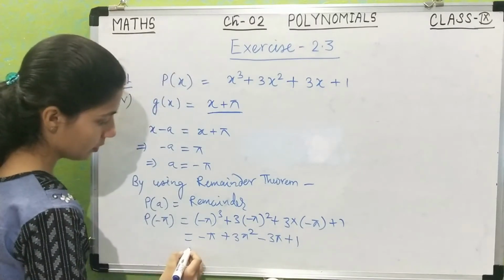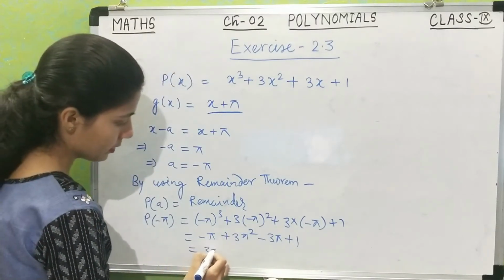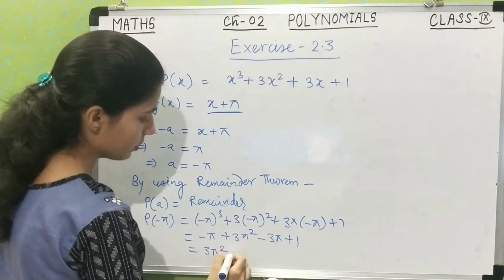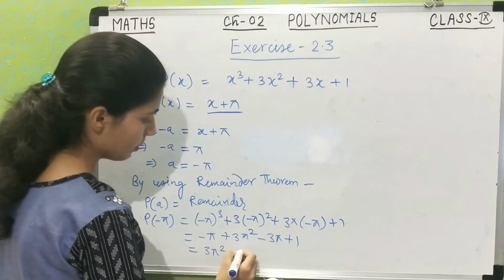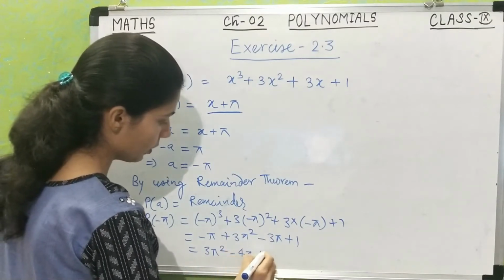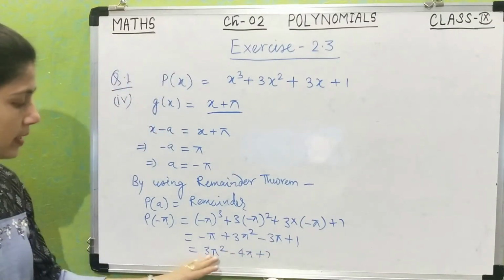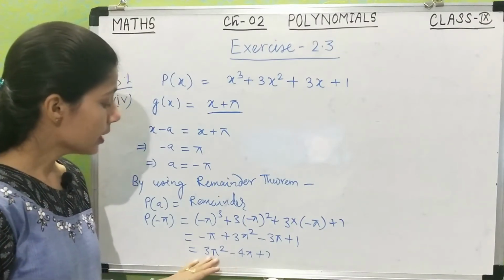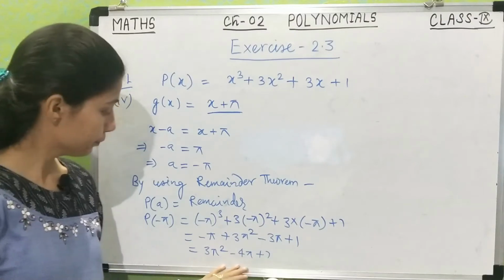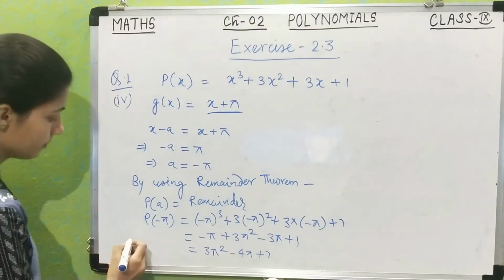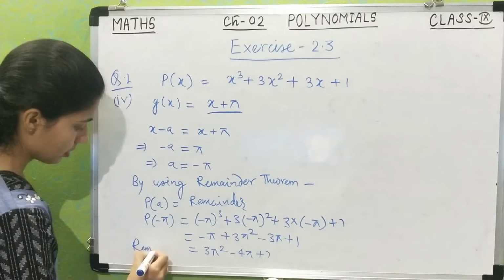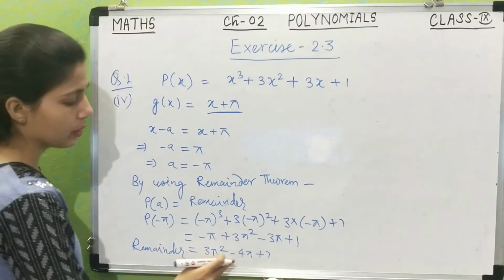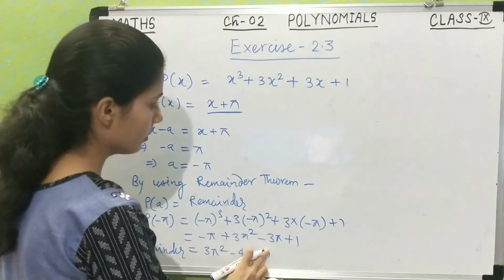Now see, minus pi cube and minus 3 pi are like terms, so these will add up. This pi is a constant, so you can leave it as it is. So the remainder here is minus pi cube plus 3 pi square minus 3 pi plus 1.